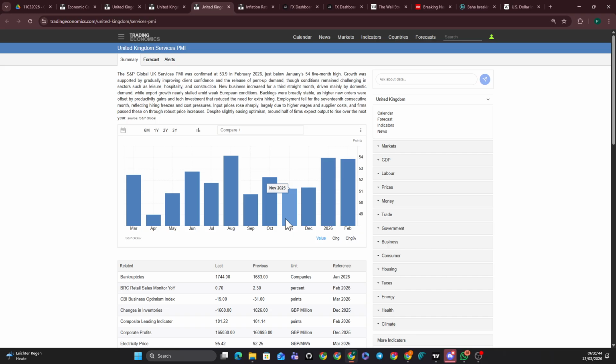For those who don't know the background of PMI values, we have a threshold value of 50. If the PMI values are above 50, we consider that the economy is in an expansionary pace, which means the business sector, the service sector, the manufacturing sector, all sectors are performing quite well, and it is positive for the currency also.